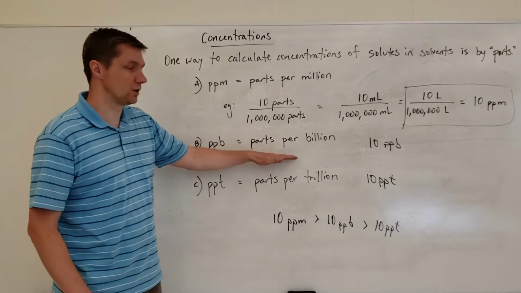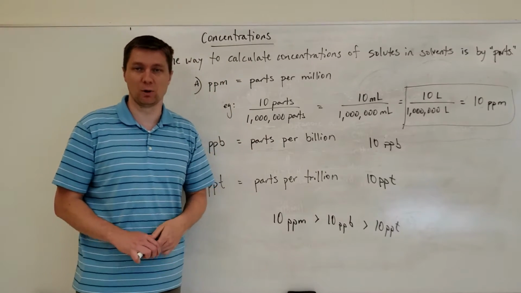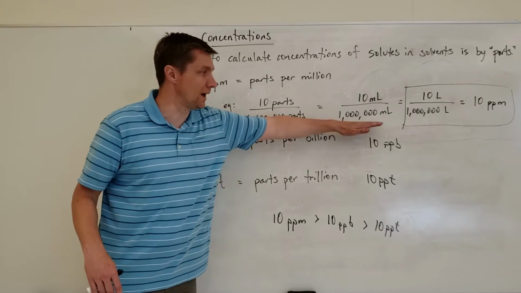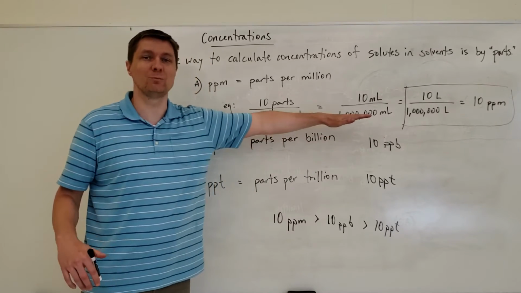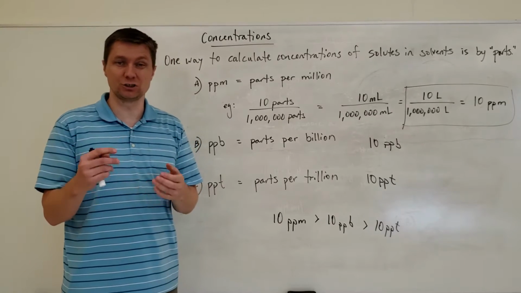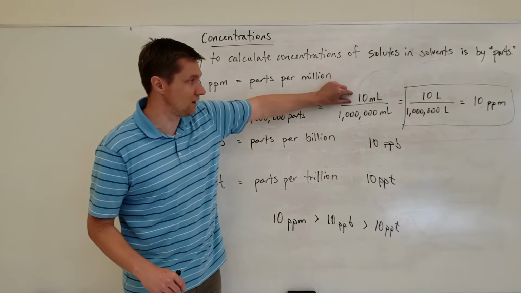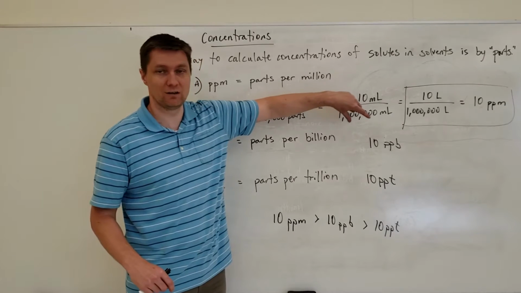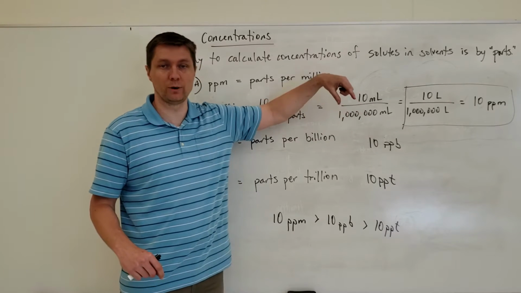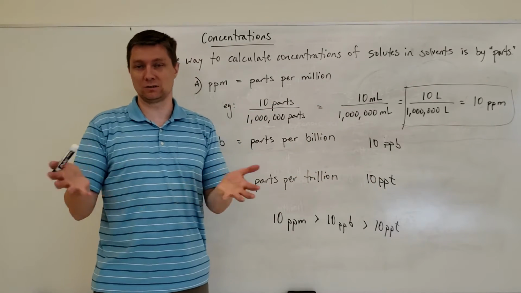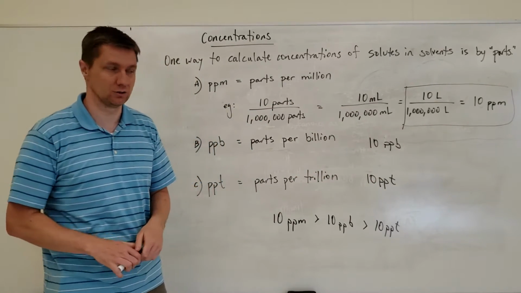We can also express concentrations in units of parts per billion. All that means is that instead of on the bottom having a million, now we have a billion. That's a concentration that's going to be a little bit less than parts per million, simply because I have 10 milliliters dissolved in not a million milliliters anymore, but a billion milliliters. So dissolved in a larger volume means it's going to be a less concentrated solution.